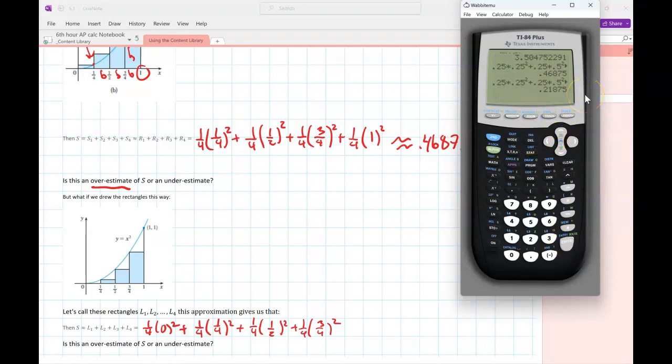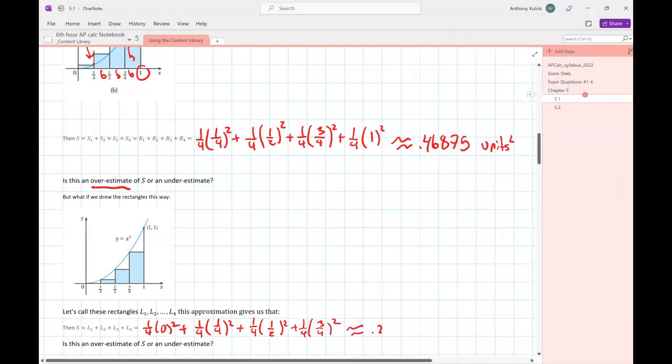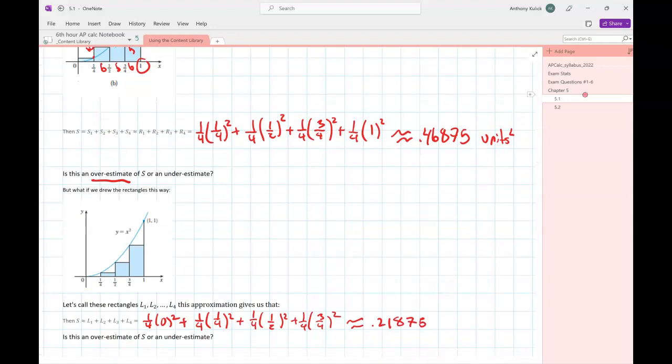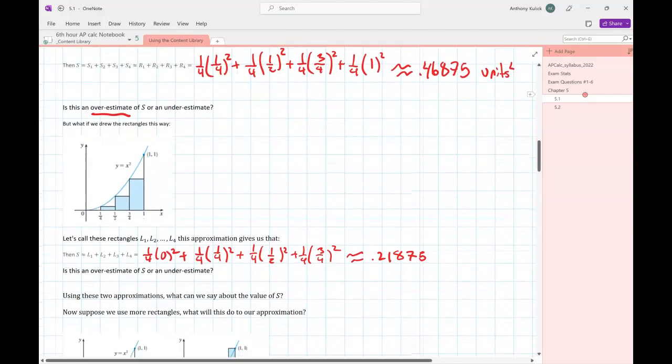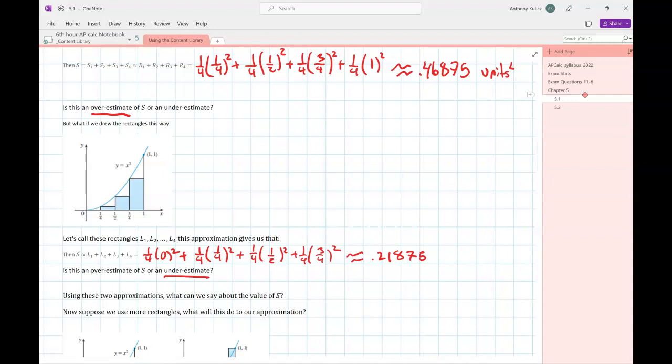So 2185. Or 875, excuse me. Was this an overestimate or underestimate? Under. So if I use these two approximations, what can I say about the actual value for S? It's in between.